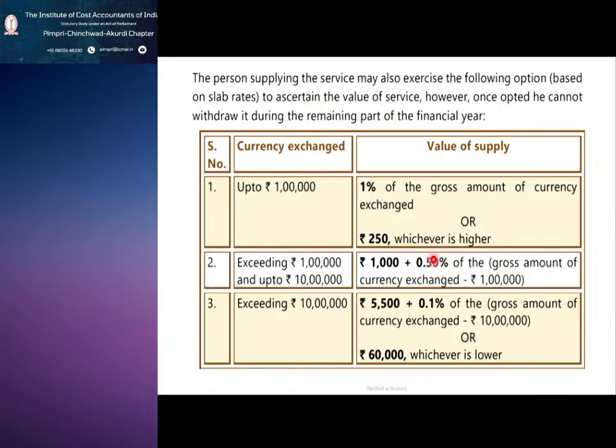This 0.5 percent is on which value? The gross amount of currency exchanged minus 1 lakh. It is like our direct tax, how you calculate the slab rates, like 5%, 10%, 25%, same way. So the gross amount of currency exchanged minus 1 lakh.